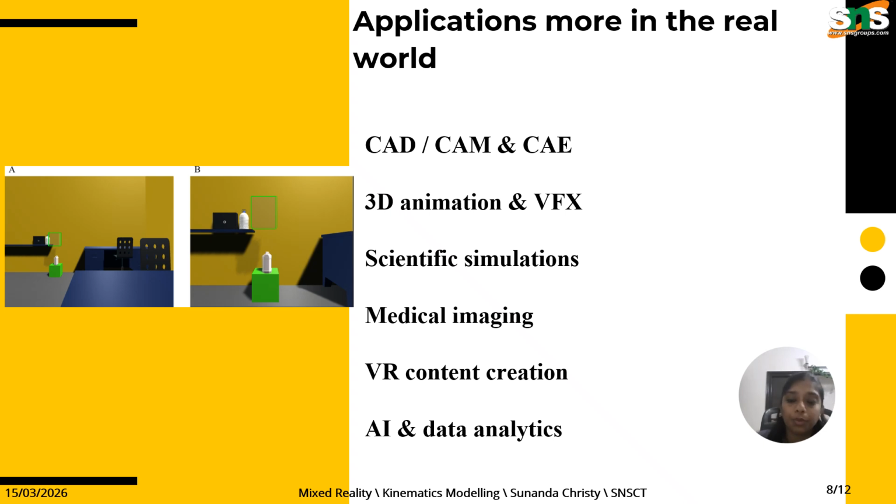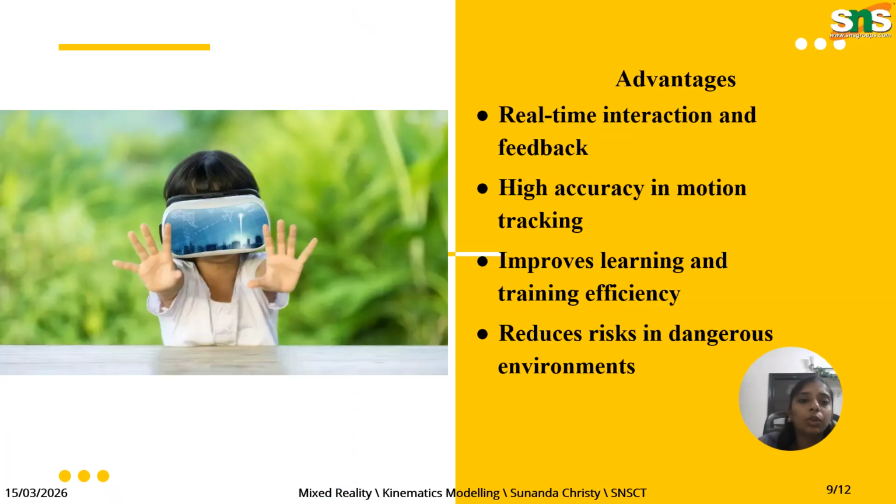It is also used in the real world, especially in gaming and 3D animation, VFX, and also in AI and data analytics. Here we have a few advantages of using kinematics modeling. It gives real-time interaction and high accuracy in movement tracking, which is the main thing, and it improves learning and training efficiency.